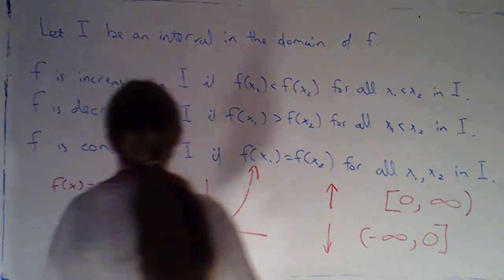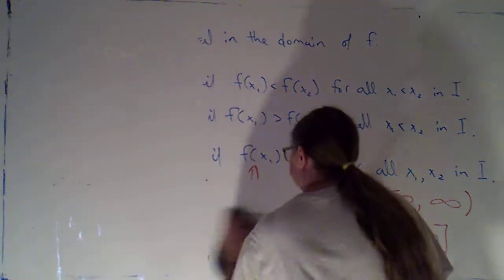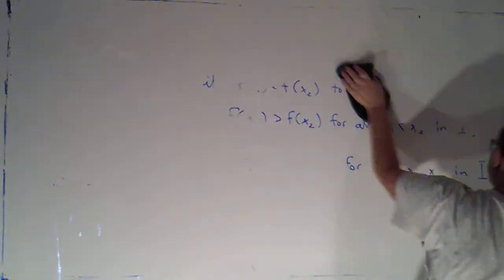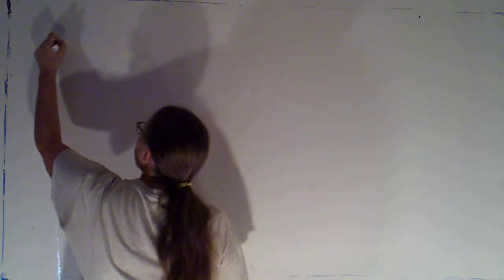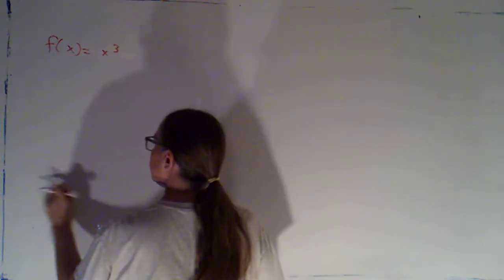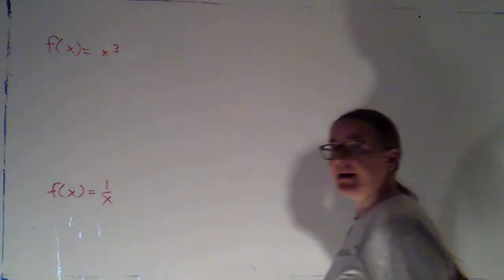All right, let's take a look at a couple of other functions. Let's just go through some of our parent functions and take a look at what they're doing. So I want to take a look at f of x equals x cubed, and let's take a look at the reciprocal function, f of x equals 1 over x.